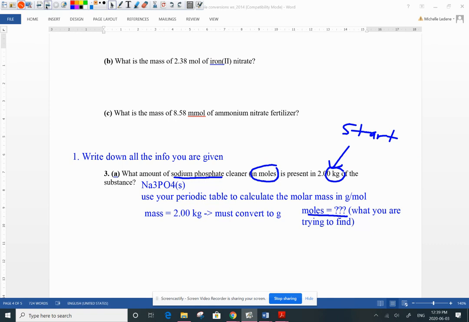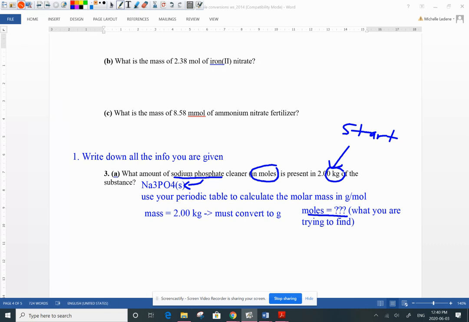So now I'm going to show you guys an example where you're starting with mass. Here we're given mass, and this one is given in kilograms, and we have to convert to moles. So again, we're going to be using our conversion factor of our molar mass. So we write down all the information we've been given. We have been told that we have this compound, sodium phosphate.